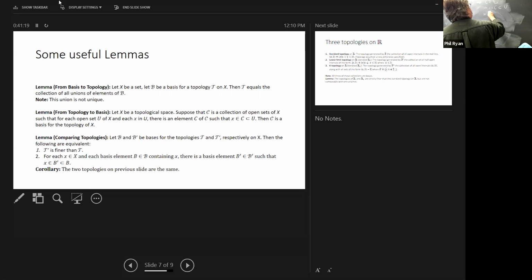So that means U is an element of the topology generated by C. I'll just make up that notation.